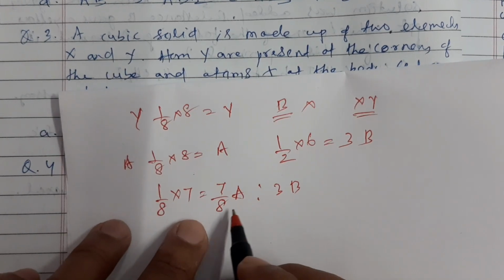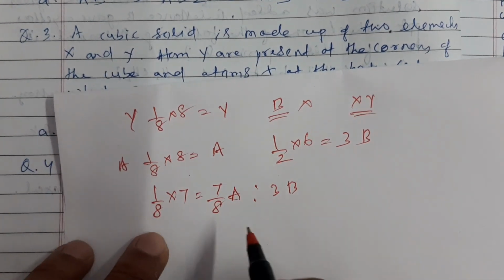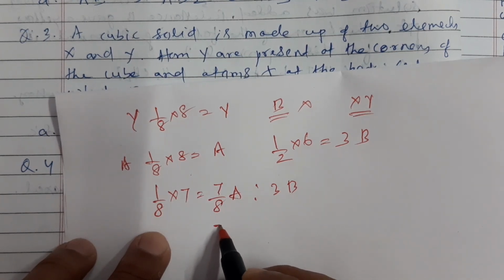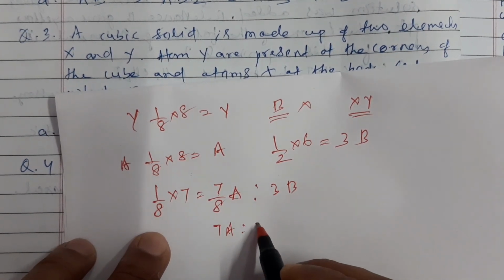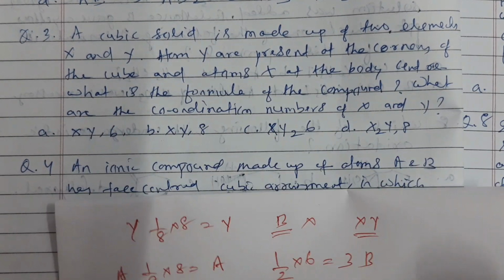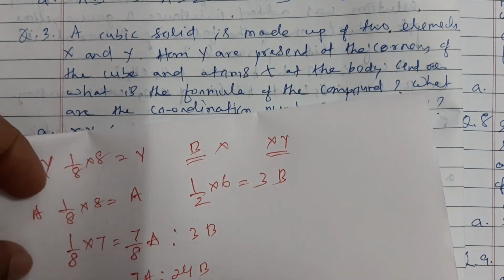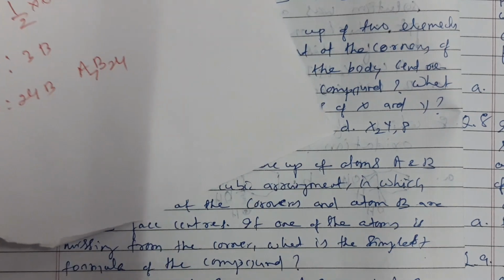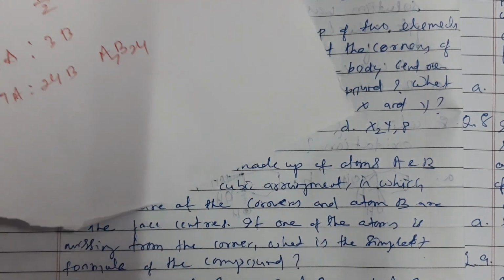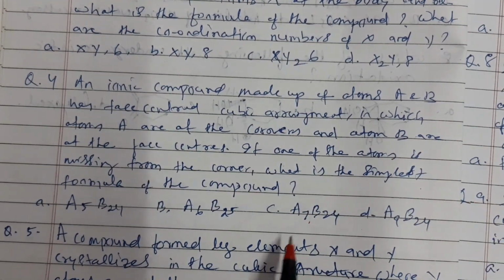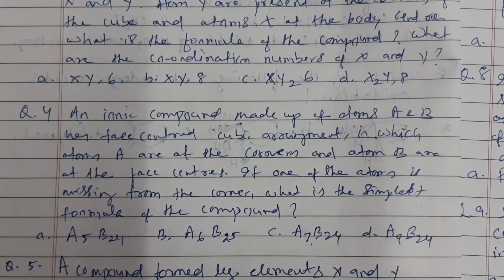If we take it as whole numbers, the ratio is 7A to 24B. So A7B24 is the formula. Do you understand?